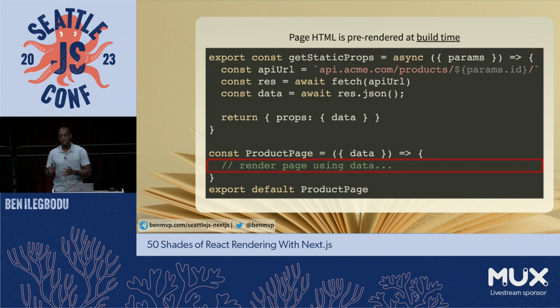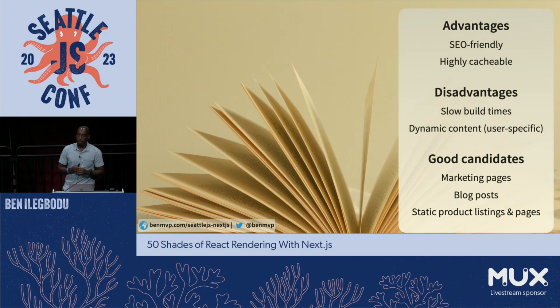And then lastly, just like before, those props are used to render out the HTML page, and then it's stored on the file system at build time. So when the server runs, it just goes to the file system and returns them. The appeal of SSG, like I said in the beginning, is that it's super fast.